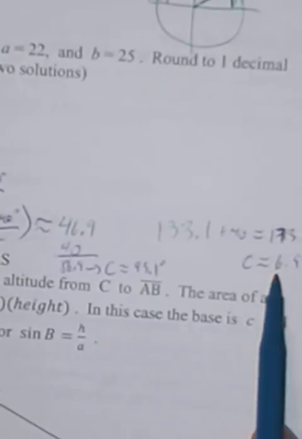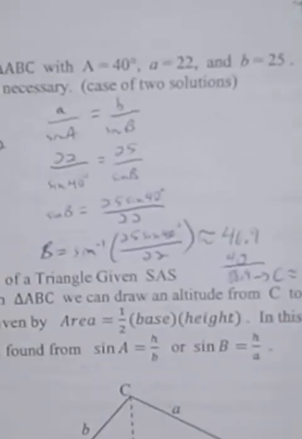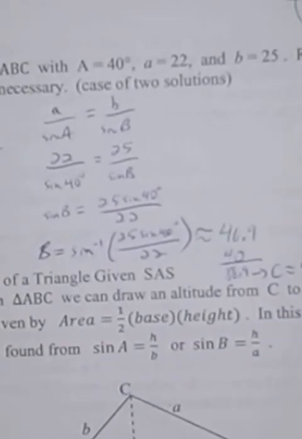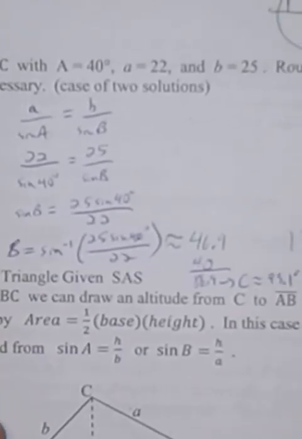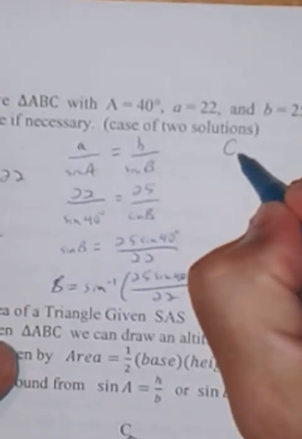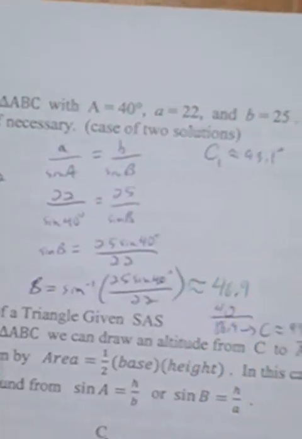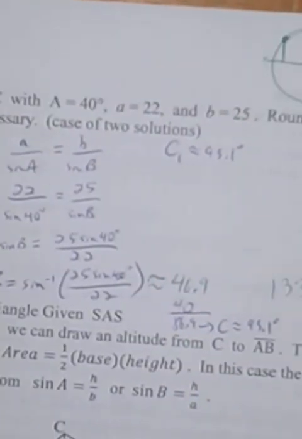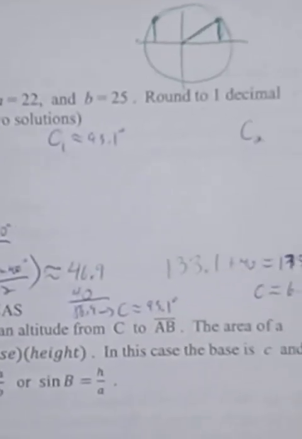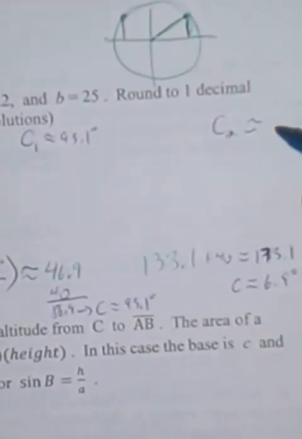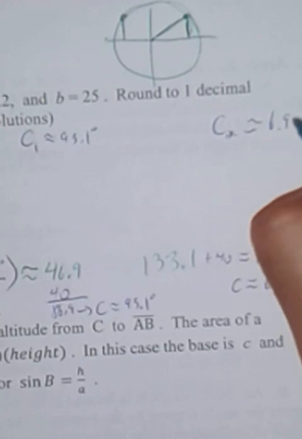And for these cases, yes, there were. Okay? So what we do is we say C sub 1 is approximately 93.1 degrees. And we say C sub 2, that means the second possibility, is about 6.9 degrees. All right. We're going to continue on the next video.